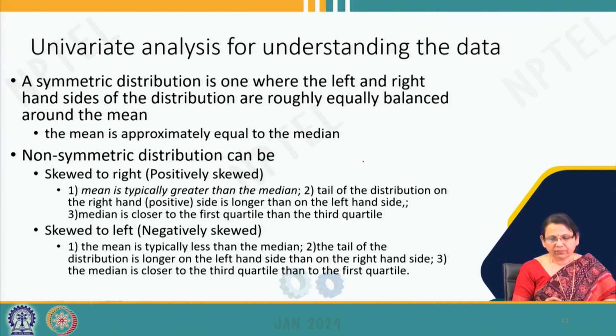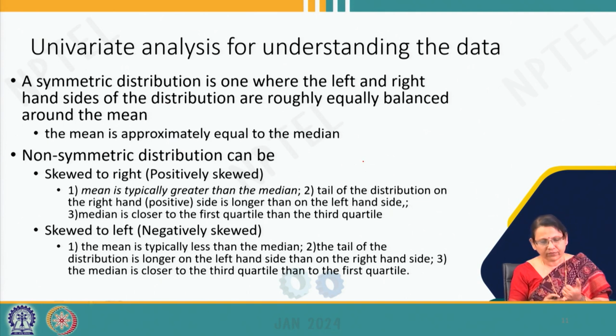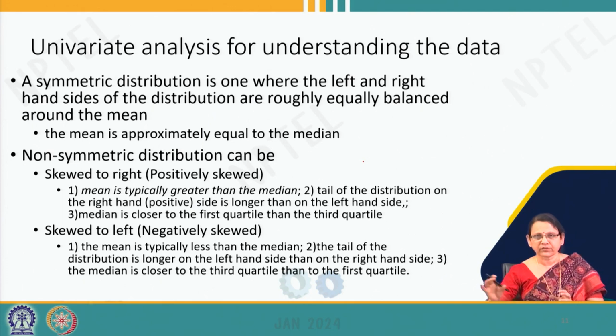Now, look at this. In the case of understanding univariate data, we have considered its central tendency and its spread. While talking about the spread, we also understood that we have to figure out whether there are certain values where higher importance is given.